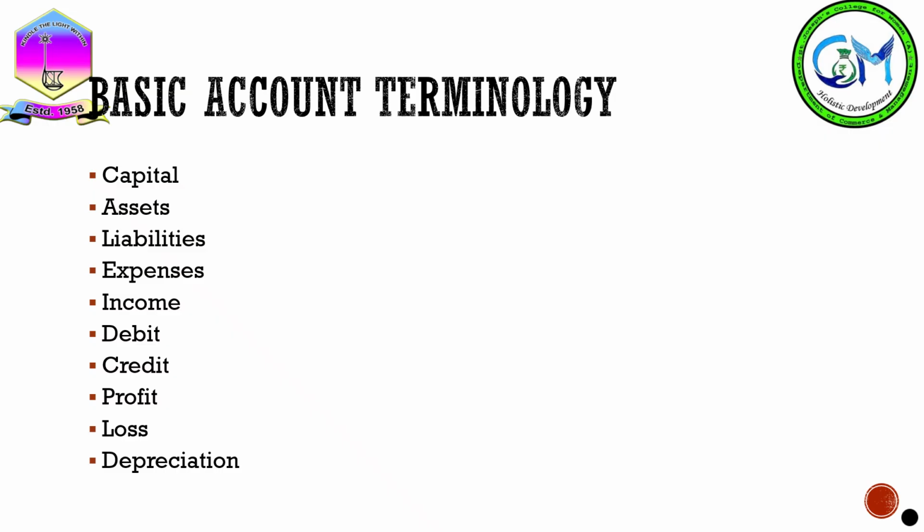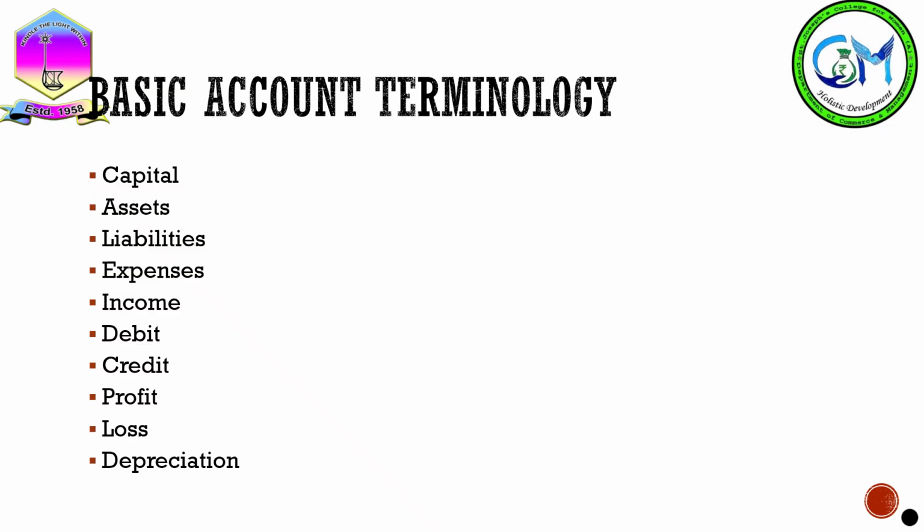The next term is debit. All the receiving benefit is debit. Credit. All the paying benefit is credit. Profit. The financial gain realized when total revenues exceed total expenses is called profit.